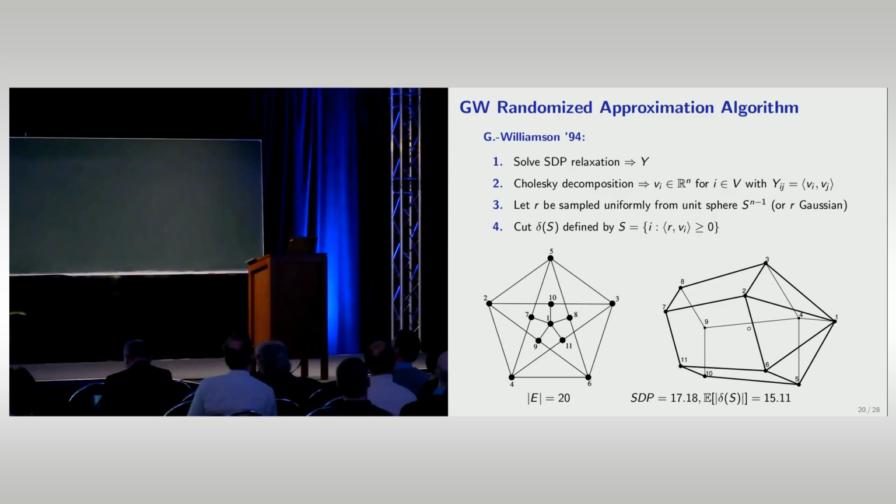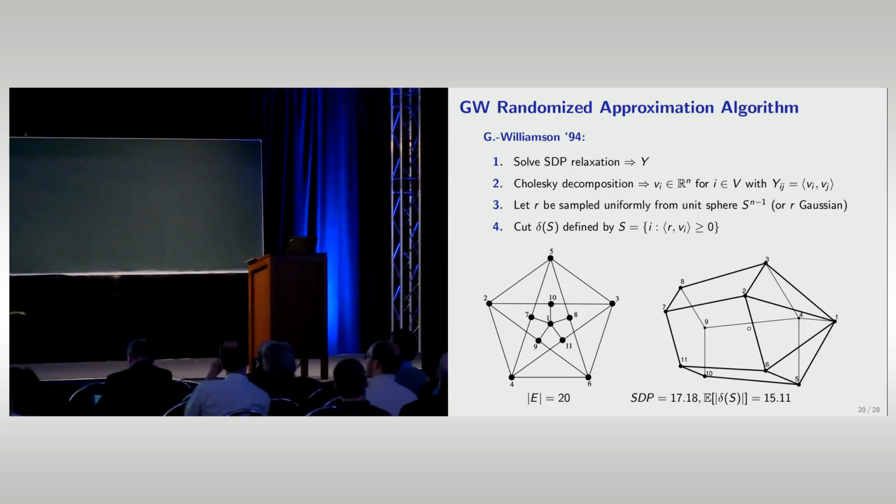That's why I use that example, because I could plot it on the screen. And there is the sphere that I did not draw. But now I'd like to recover a cut.